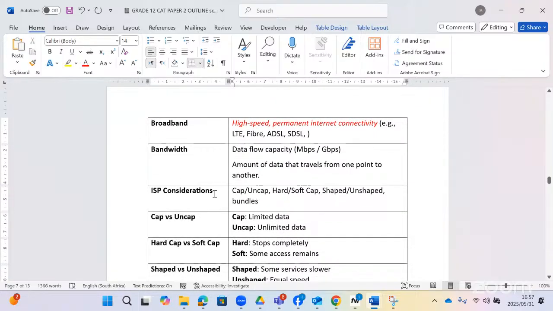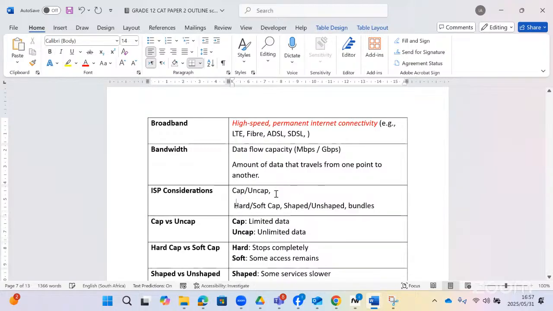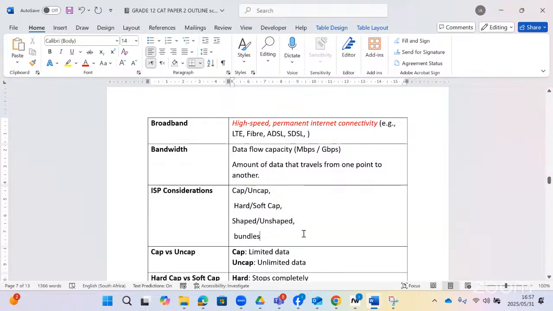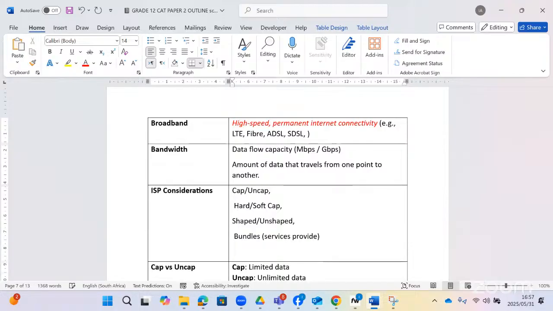Now, ISP considerations: factors that you must consider when you are choosing an ISP. You must choose capped or uncapped. You must know what is capped, what is uncapped, and what services they provide. You must consider that. So all these are one.